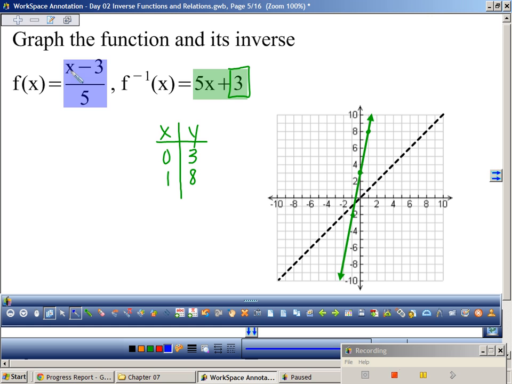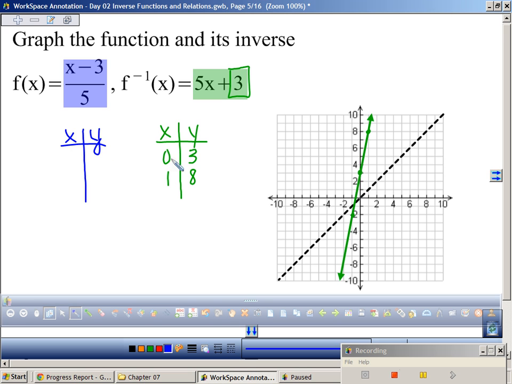Okay, so I don't want to graph that. Couldn't I just use the point? So if 0, 3 is my inverse function, what's my function? 3, 0. And if 1, 8 is my inverse function, what's my function? 8, 1. 3, 0. 8, 1.